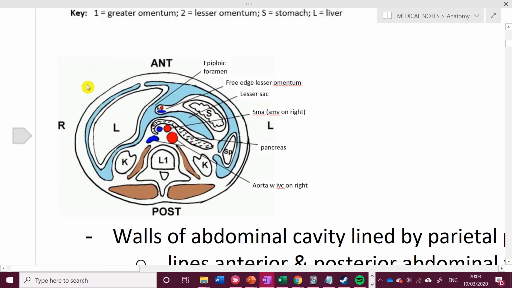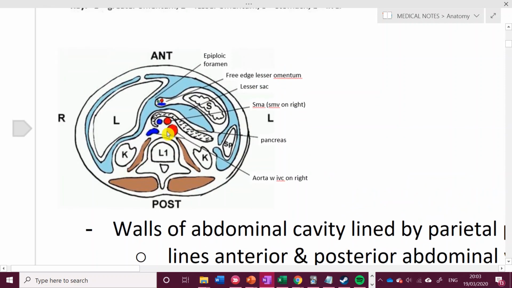So anterior, posterior, right, left, we're looking from the feet upwards. And we can see that the epiploic foramen is here between the liver and the stomach. And then we have the free edge of the lesser omentum, which contains some structures that I'll get into later, and the lesser sac.